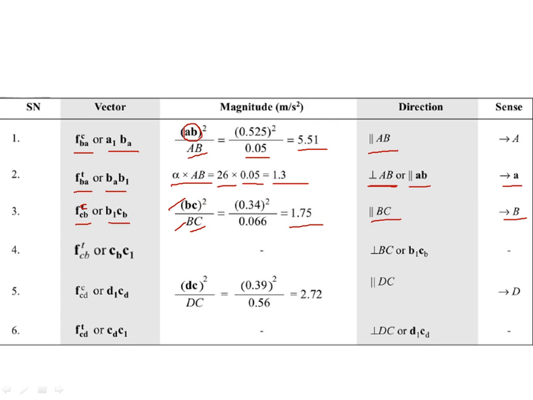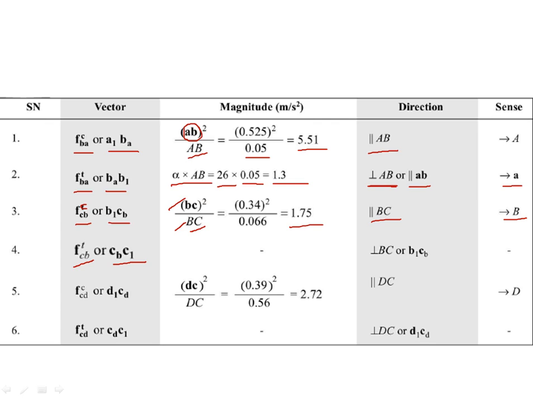This is FCCB, a centripetal part. Make this correction, don't take this as tangential. This is FTCB, we will take the next one. So this is FCCB, the centripetal part, and the centripetal part you have to take parallel. Calculate this and we get 1.75. Next we take FTCB, that is CBC1.